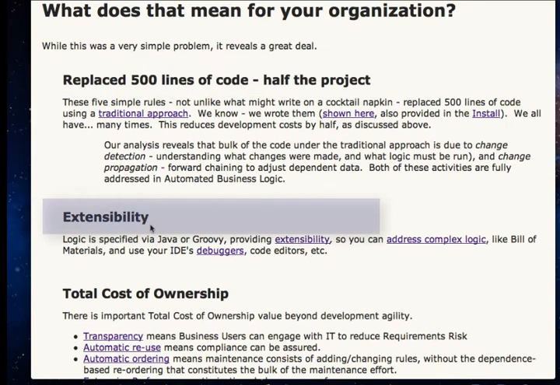Extensibility is also a part of the story because while this transaction was very simple, the system's design enables you to support Java or Groovy, so you can provide extensibility addressing complex transactions like the bill of materials. You can use your IDE's debuggers, logging, and code editors. All this is built into the product.